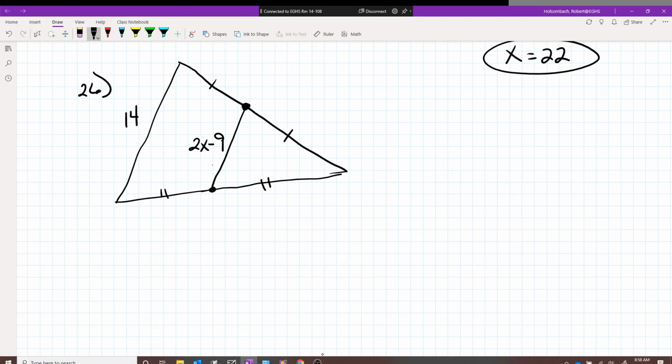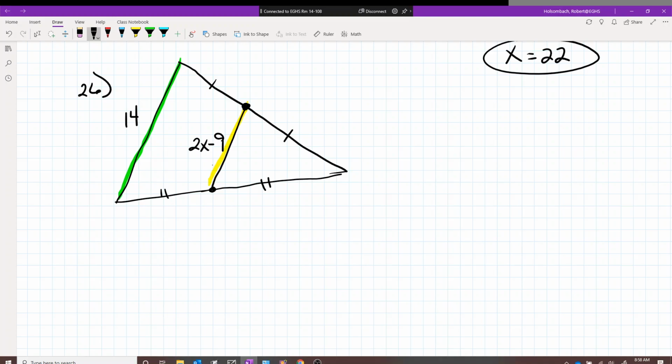That makes it a mid-segment. This yellow segment is a mid-segment, which means that it's parallel to the green side and it's half of its length. Yellow is parallel to and half of 14.